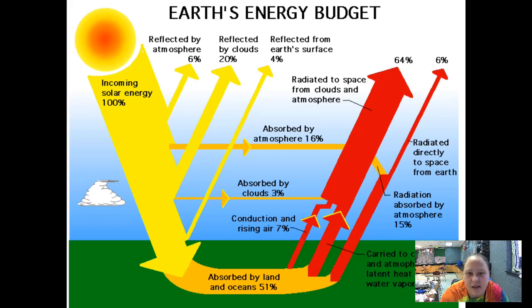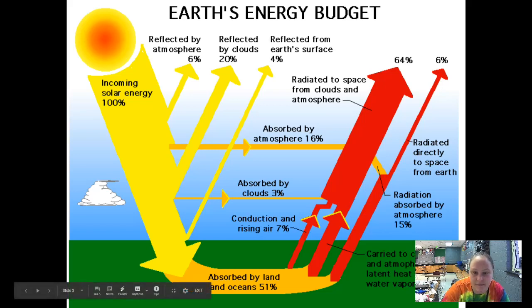And then we have about 64% and 6% that is radiated directly to space from Earth, radiation absorbed by the atmosphere, and carried to clouds and atmosphere by latent heat and water vapor, which is 23%. So this gives you an idea of the incoming energy and the outgoing and what's absorbed throughout the Earth.